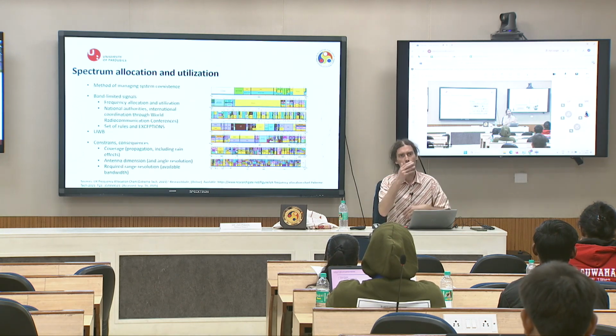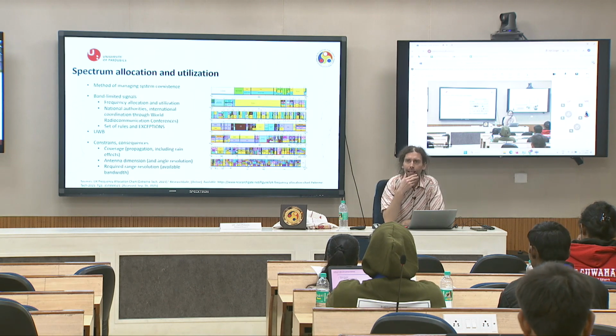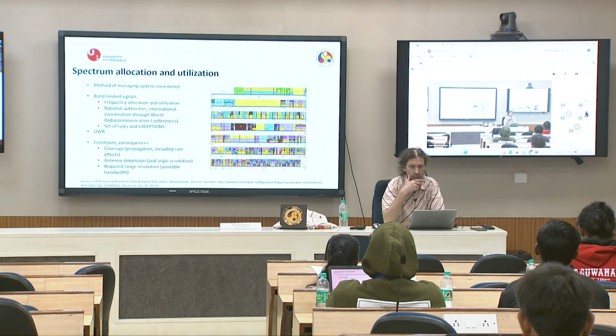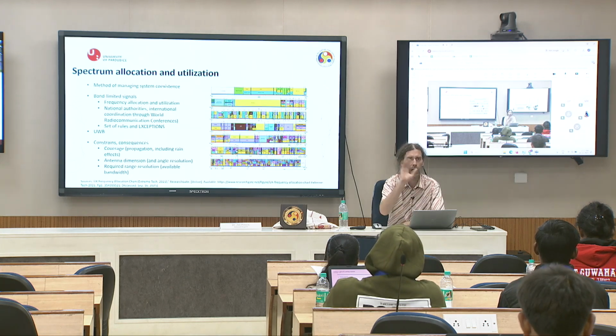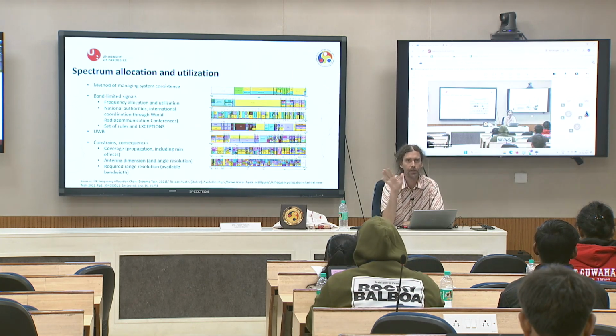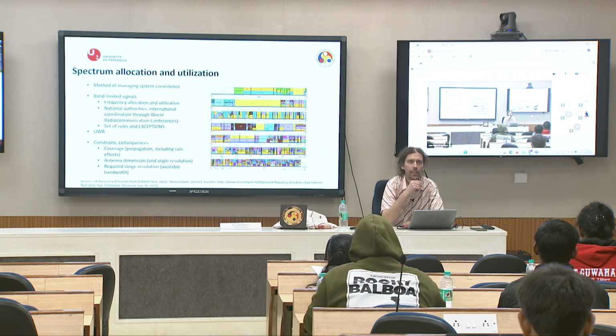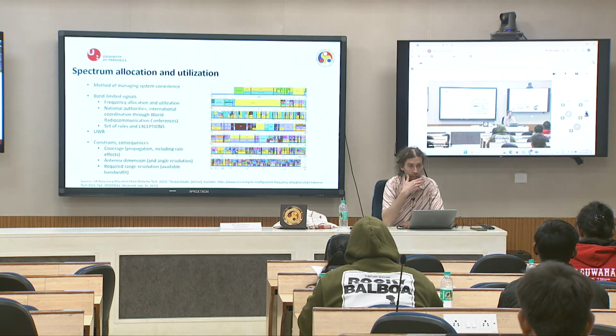Okay, you already saw examples of different types of radars. Generally, different types of any kind of RF service work in different bands.